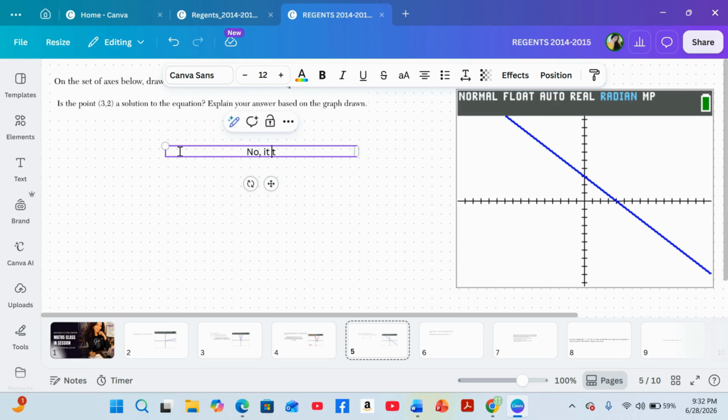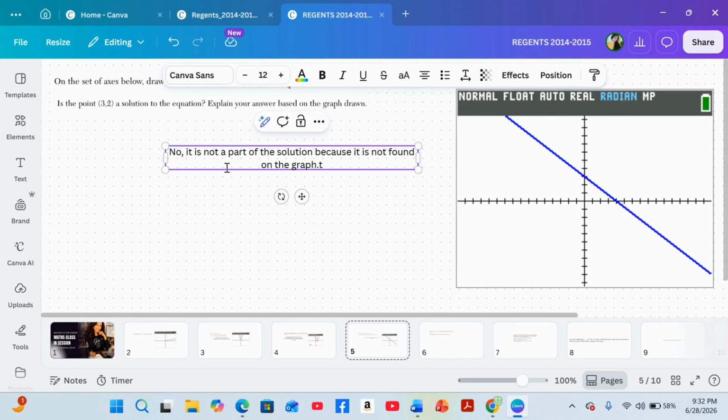No, it is not a part of the solution because it is not found on the graph. That's your explanation right there.